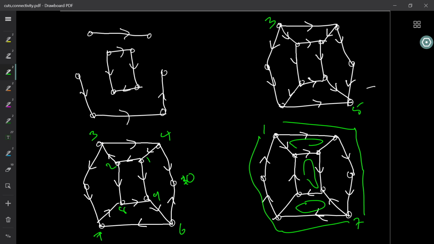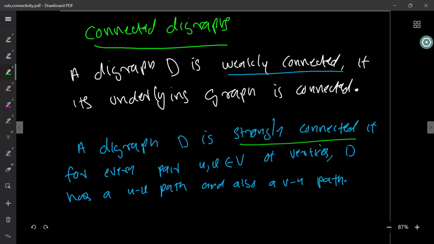But the second graph does not have any directed cycle at all. You can verify that there is no directed cycle in this, and this kind of directed graph is called a directed acyclic graph. We will look at that sometime later.